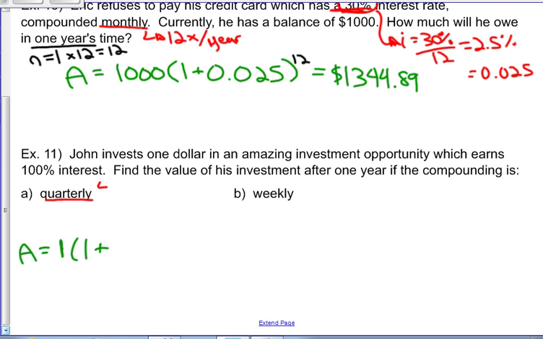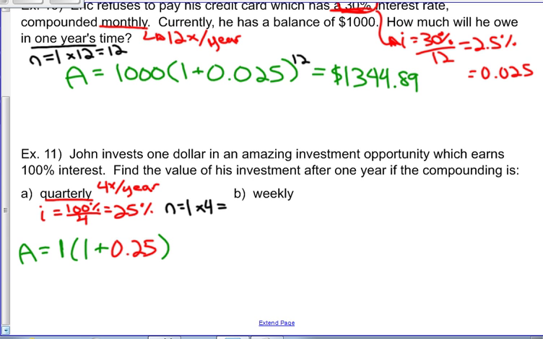That means 4 times per year. So I will be 100% divided by 4, or 25%, or 0.25. N will be that 1 year times 4 times per year.